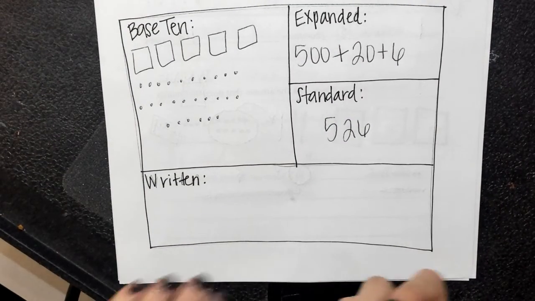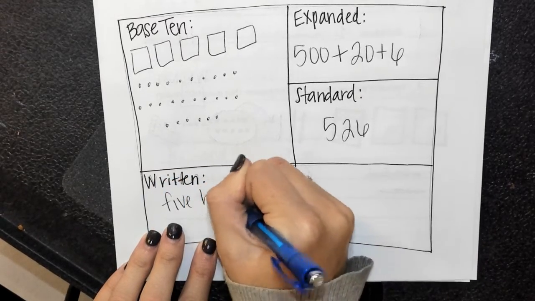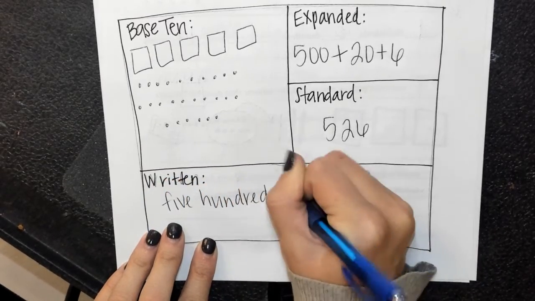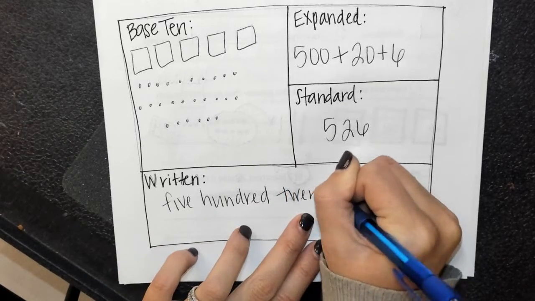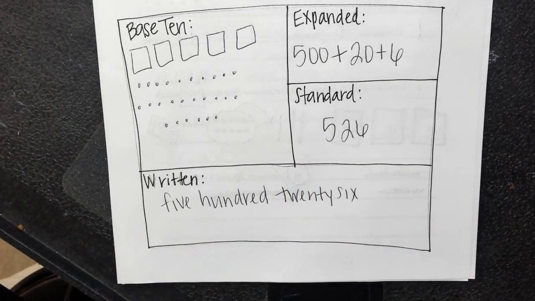Okay, so how am I going to write it? 526. Easy peasy. When you're writing the word, all you're doing is just saying the word and writing it just like you say it. 526. Isn't that what I just wrote? That's all you have to do whenever you are writing it.